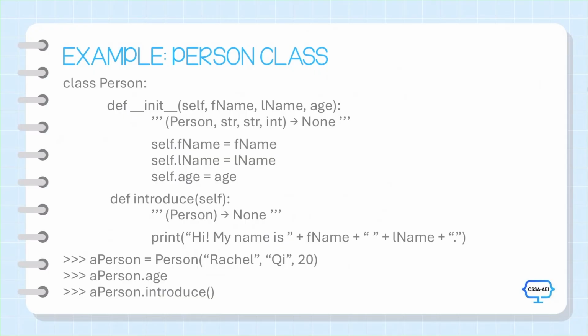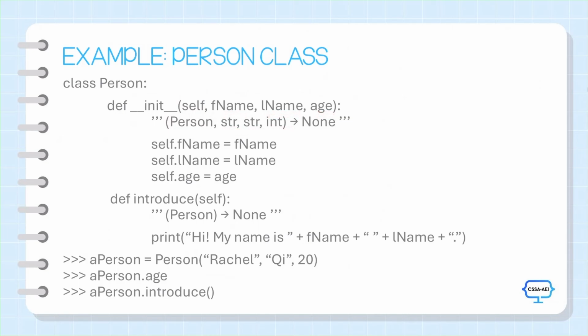Okay, let's look at a person. So a person is a class. They have attributes about them, so they have traits and characteristics you can think of an attribute as. So here we have their first name, their last name, and their age. Okay, so self is the reference to the person, and then we have strings and their age.